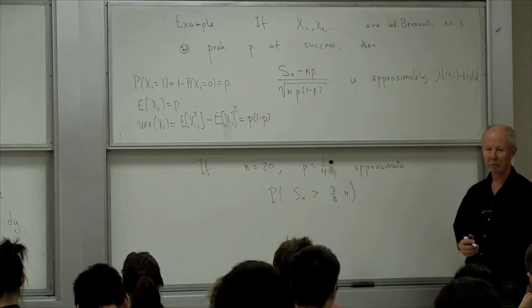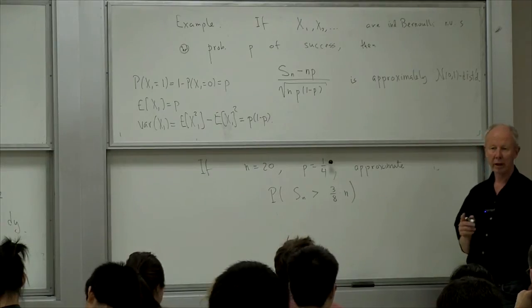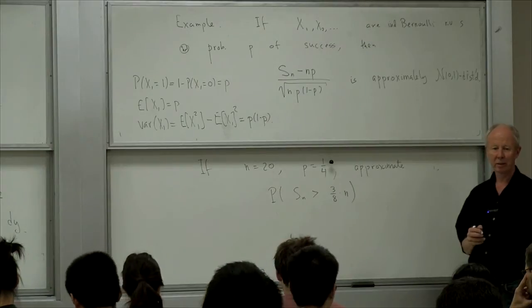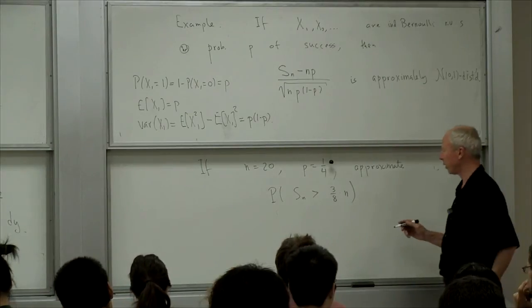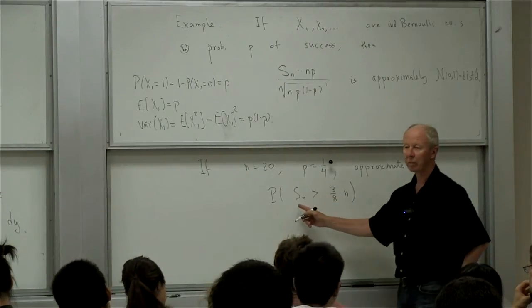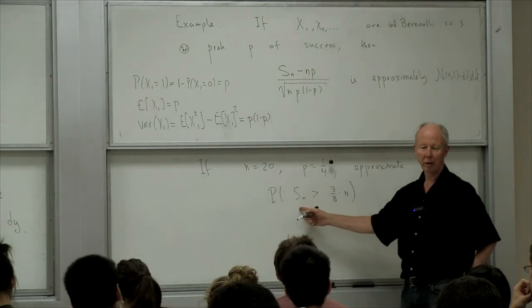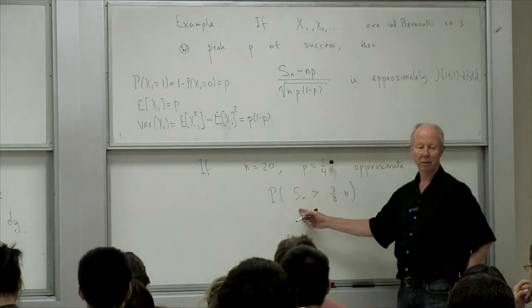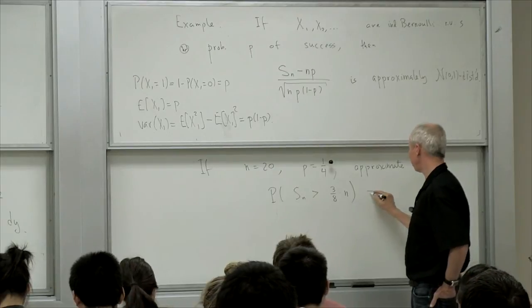So how would we do this? Well, we can actually compute this exactly because we know that the sum of n independent Bernoulli random variables is binomial. So this could be computed explicitly.